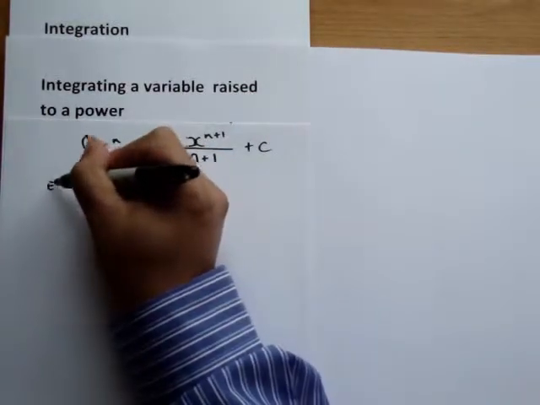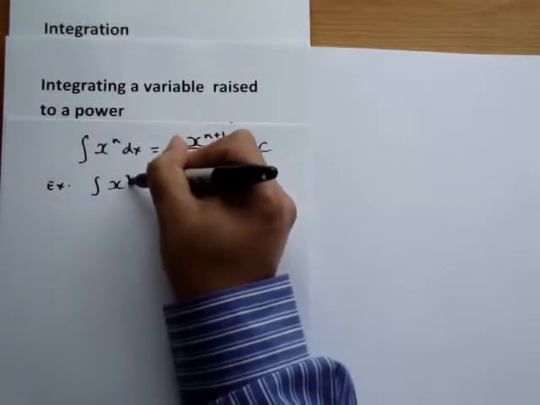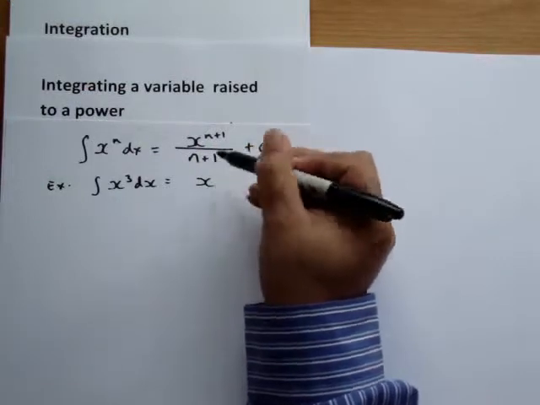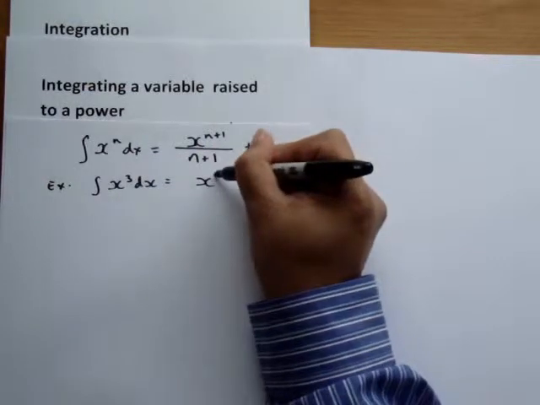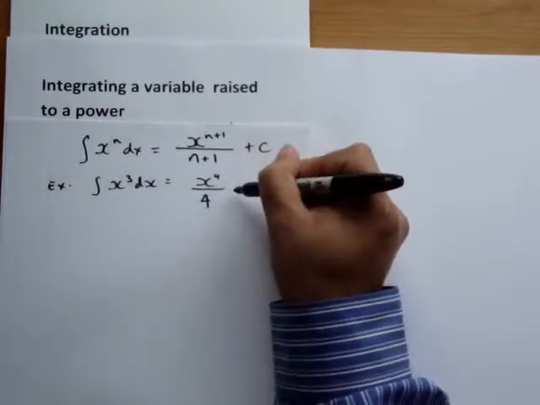For example, the integral of x cubed dx: we raise the power by 1 to get 4, and bring the 4 down, plus c.